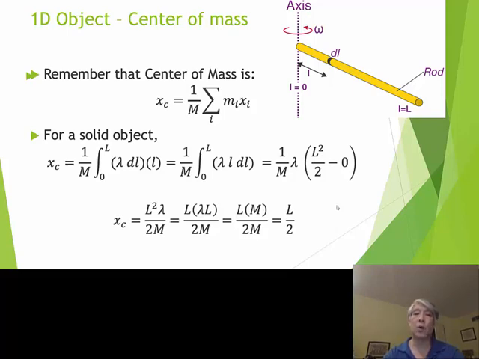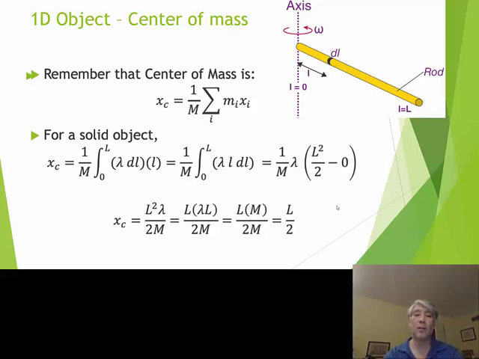For a solid object, 1 over m is a constant. You may need to calculate that using the previous slide, but still it's 1 over m. So we're going to integrate from 0 to L the lambda density function times dl, which is basically just the mass of the object, times L, which is how far it is from the pivot point, or x equals 0, because we're not actually pivoting yet.